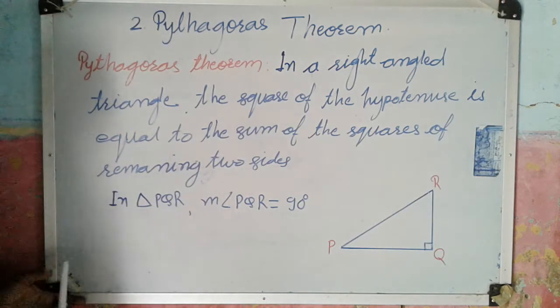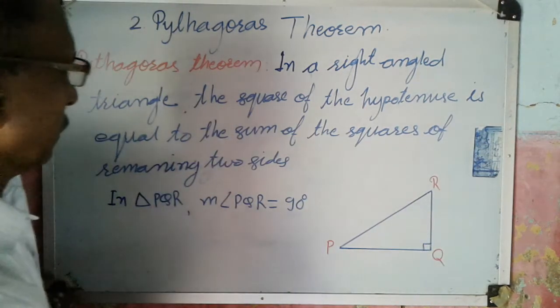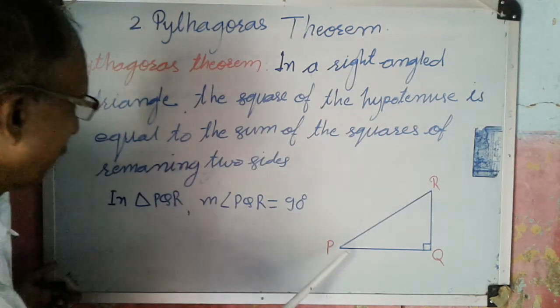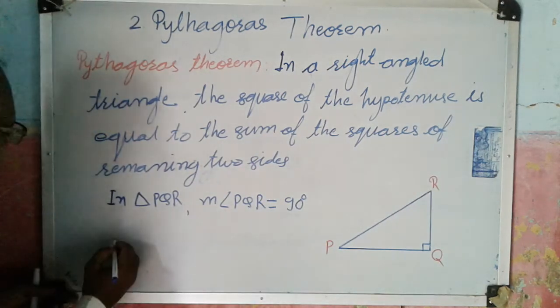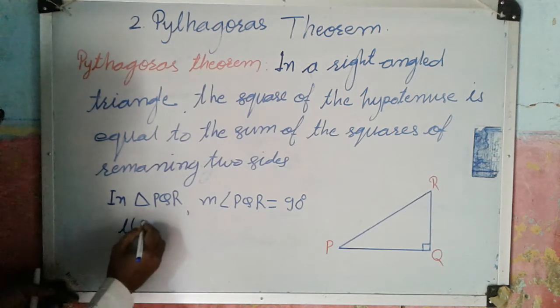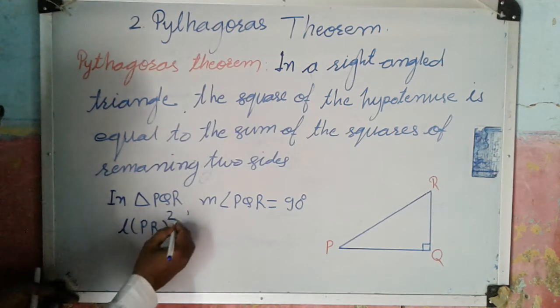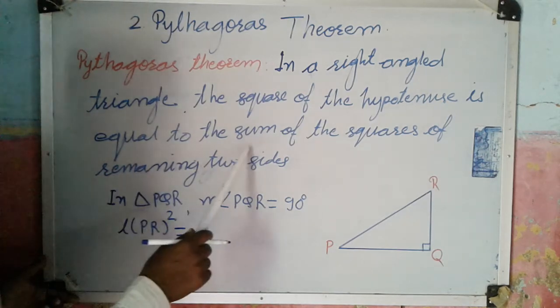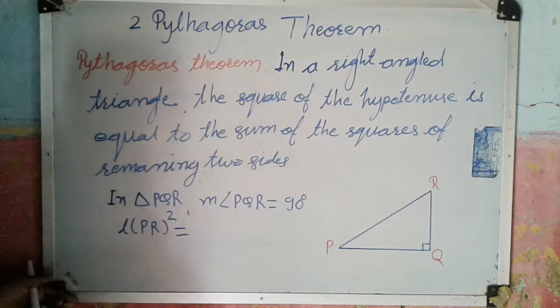So according to this theorem, the square of hypotenuse, that means square of PR, so length of PR square is equal to the sum of the squares of the remaining two sides.